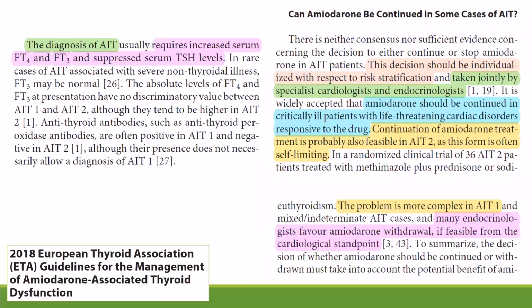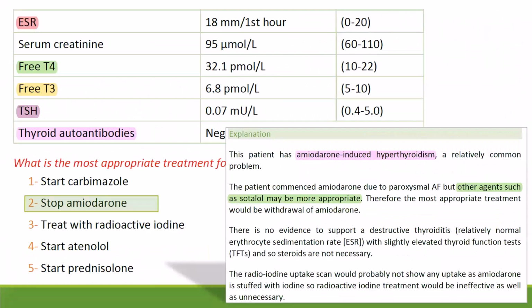Amiodarone should be continued in a critically ill patient with a life-threatening cardiac disorder responsive to the drug. Continuation of amiodarone treatment is probably also feasible in type 2, as this form is often self-limiting. The problem is more complex in type 1, and many endocrinologists favor amiodarone withdrawal if feasible from the cardiological standpoint. This is a very important hint on when to stop and when not to stop.